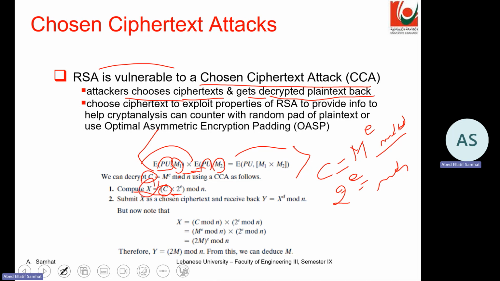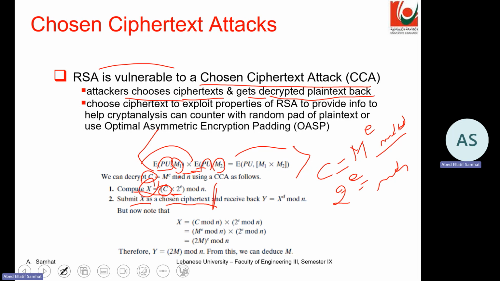Now assume that the attacker is able to communicate with the victim using X, because assume that X is something legible for the victim. In this case, the attacker will submit X as a chosen ciphertext to the victim. The victim will work on X because he assumes that X is coming from a legal person.